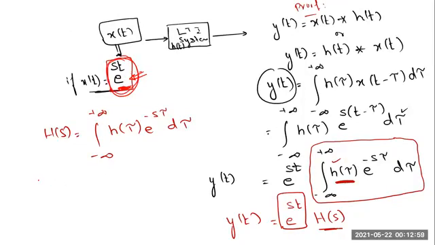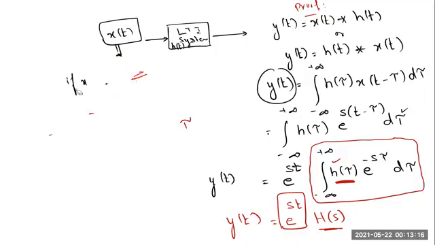It may be possible that the input of a system, x of t, is a linear combination of three complex exponential signals.